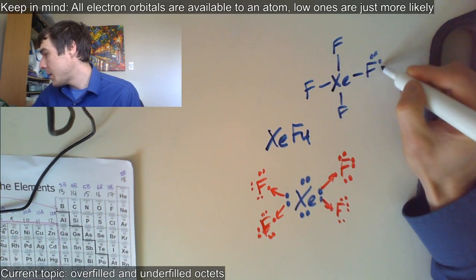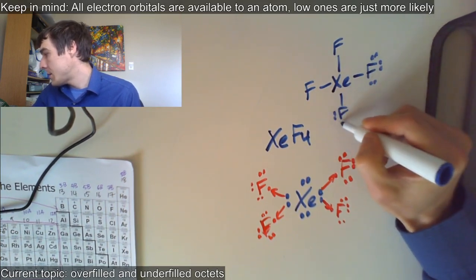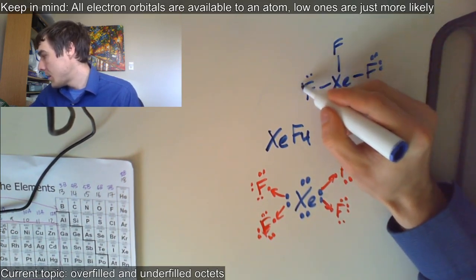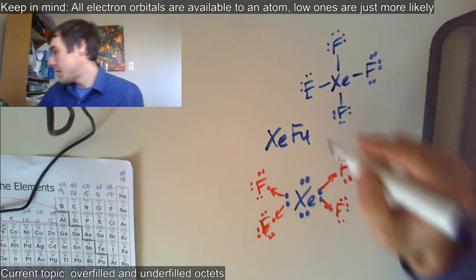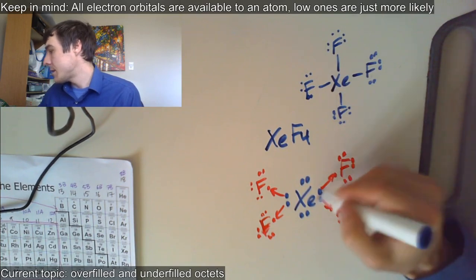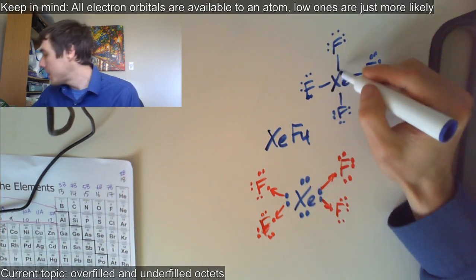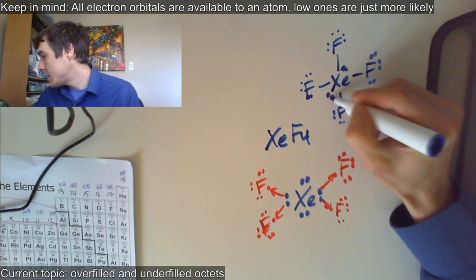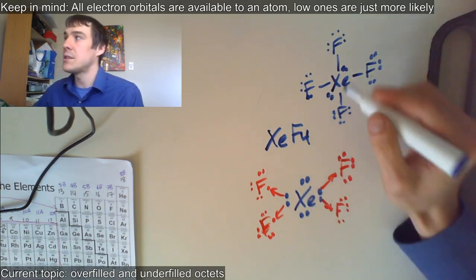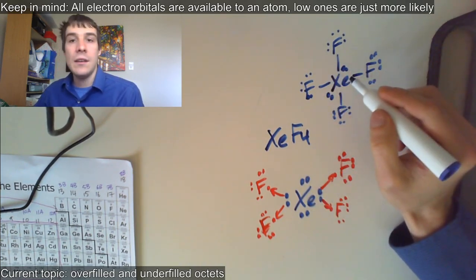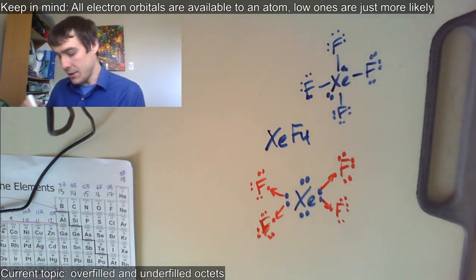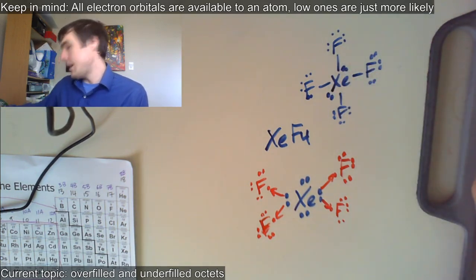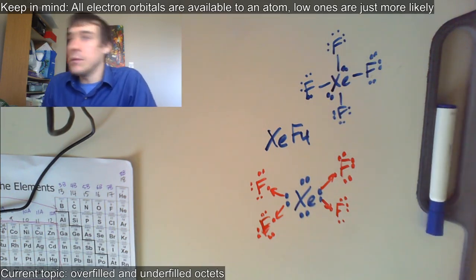The fluorine has a full octet, because that's why it pulled so hard, and the xenon still has these 2 lone pairs because they didn't get touched. So this xenon is feeling 1, 2, 3, 4, 5, 6, also 12 electrons. It's overfilled. So basically the octet rule isn't the be-all and end-all of chemistry.